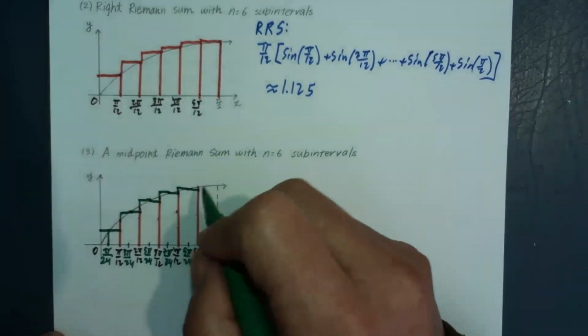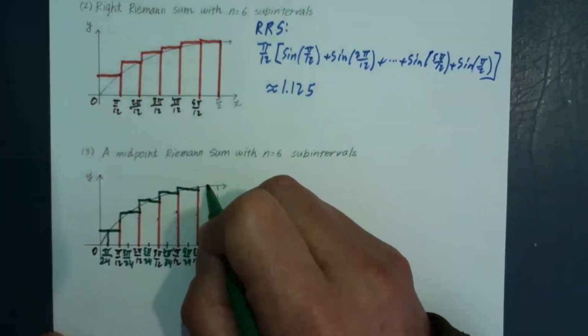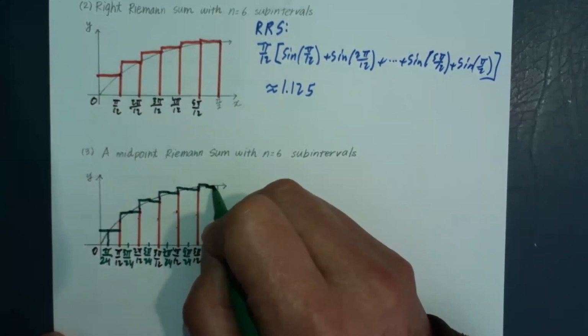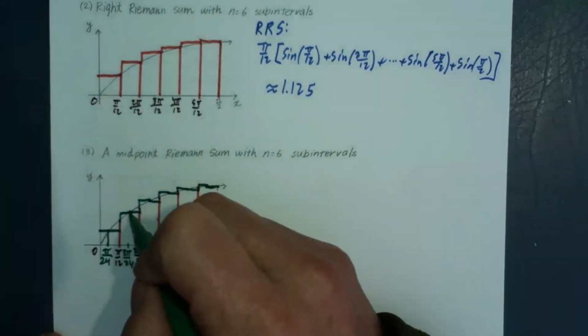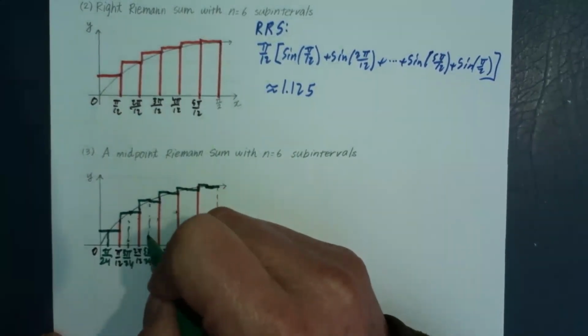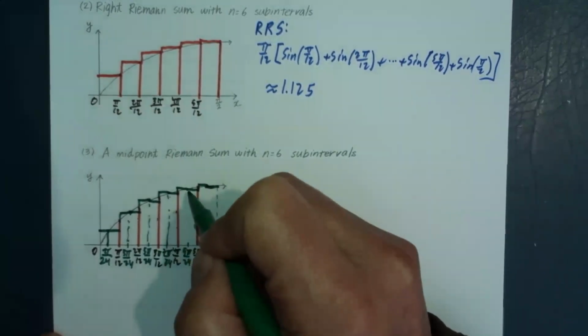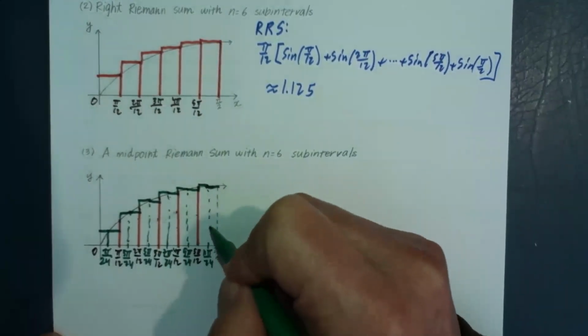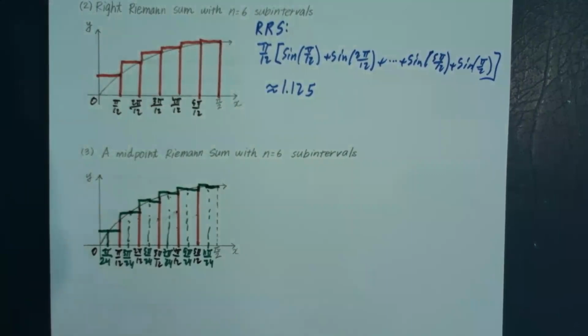So you can see we're getting a little too much and a little not enough of each of these heights. So this is going to be a little bit different as well when we're adding up our stuff.